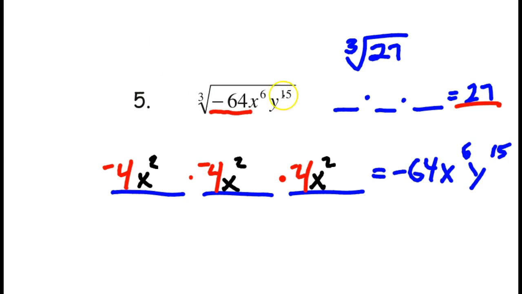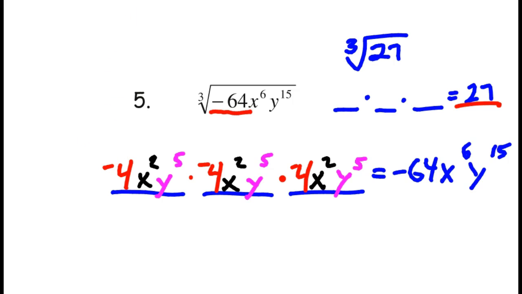And then finally, do the same thing for the y's. Y to what, times itself 3 times, gives you 15? And you could try 3, 3, and 3, right? That only gives us 9. We need to get to 15. So back it up. And let's try 4, 4, and 4, or eventually you'll get to 5, 5, and 5, which add up to 15.